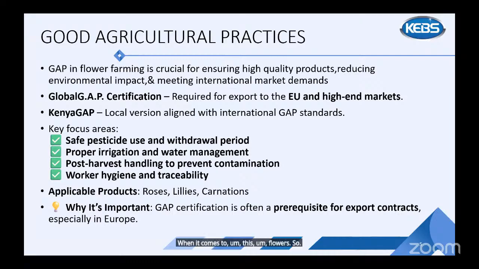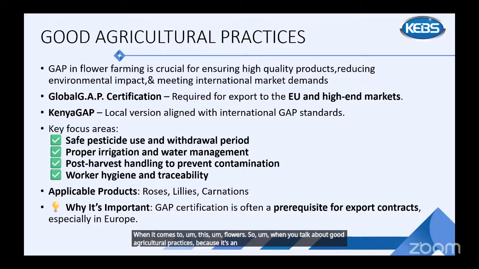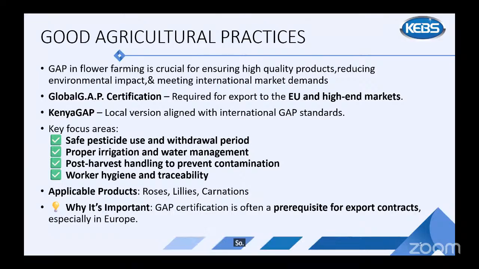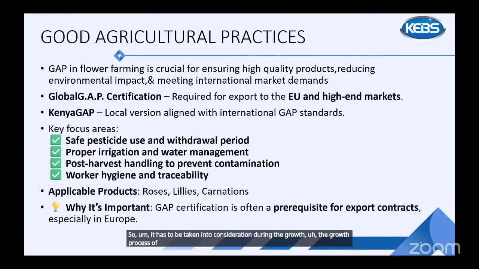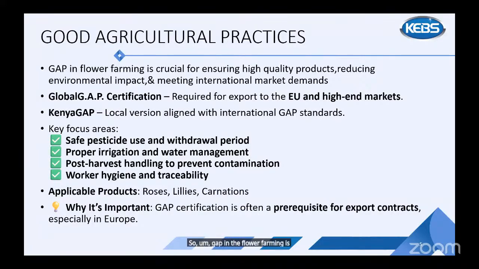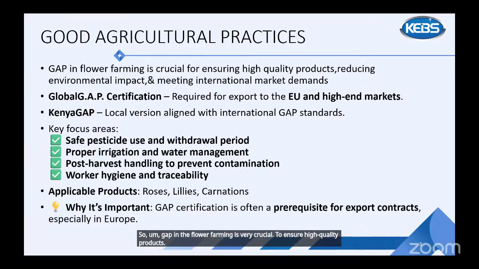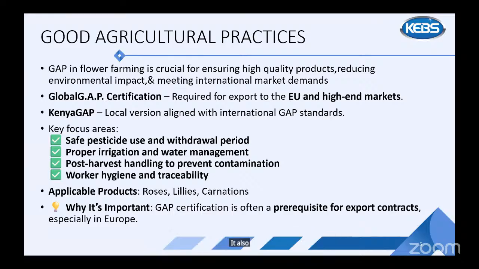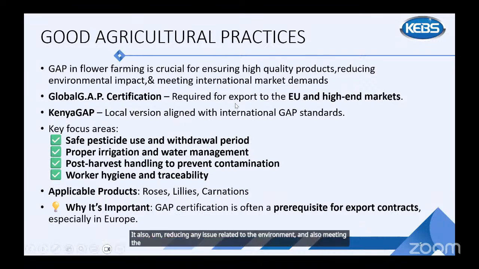So when you talk about good agricultural practices, because it's an agricultural product, it has to be taken into consideration during the growth process of these flowers. So GAP in flower farming is very crucial to ensure high quality products, and also reducing any issue related to the environment, and also meeting the international market standards.